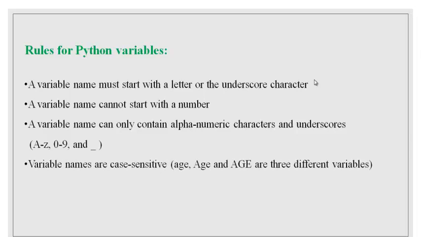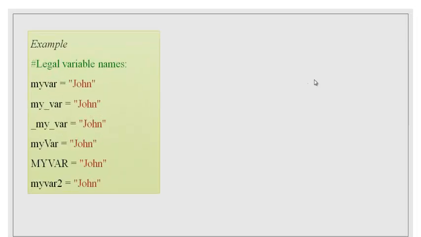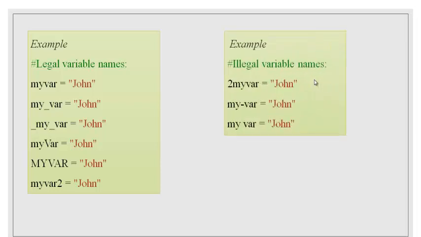Variable names are case sensitive, so when you type it in small letters, it's different than when you type it in capital letters, or if you combine capital and small letters, all of these are different variable names. Here are some examples of legal variable names, and here is a list of examples of illegal variable names.